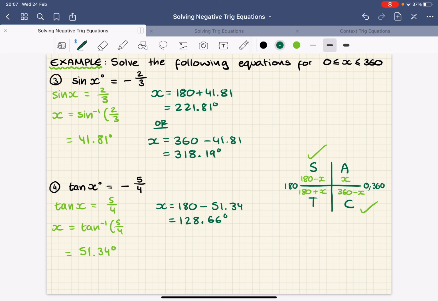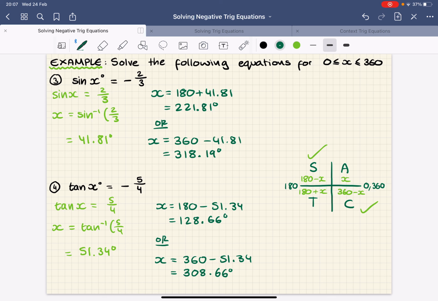And then my second answer would be x equals the 360 take away that 51.34, and that would just be 308.66 degrees.